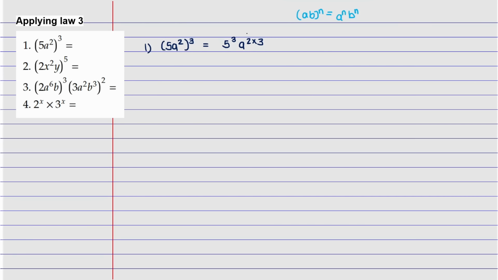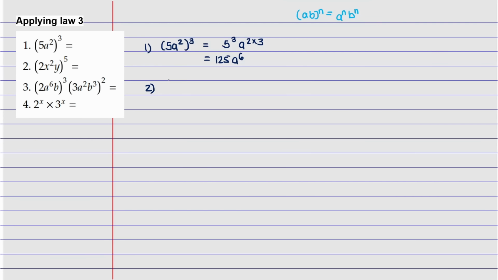So let's simplify this. 5 to the power 3 is 125, so my answer here is 125. Then 2 multiplied by 3 is going to be a to the power 6. Remember, when I say 2 multiplied by 3, that is law number 5.